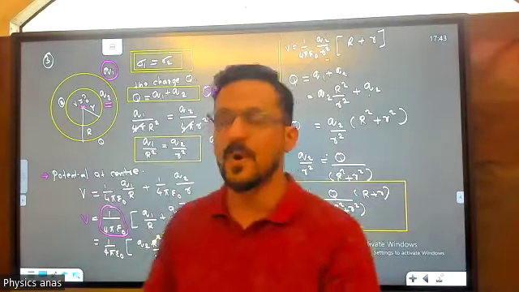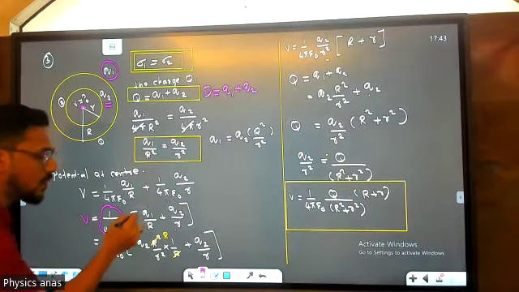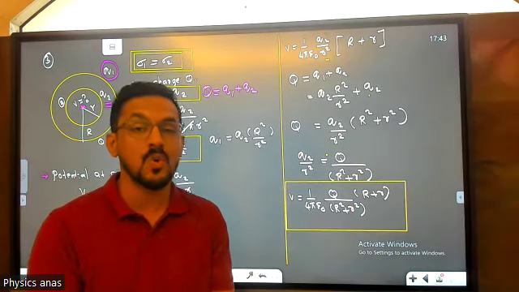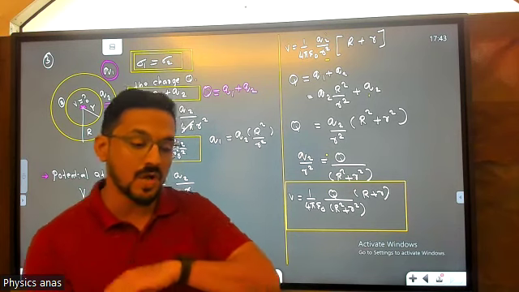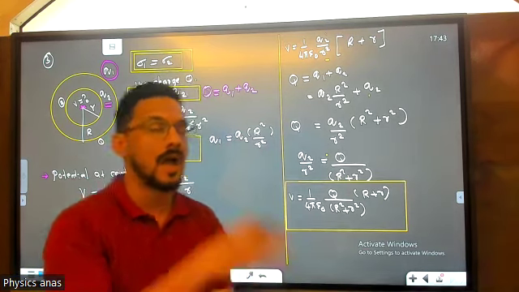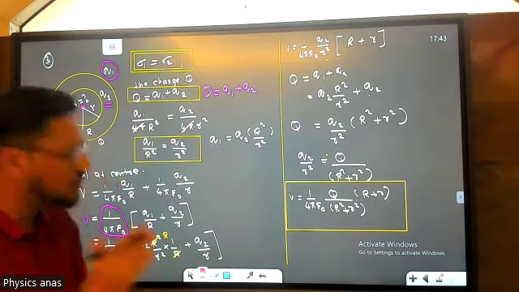But there is a slight problem in that answer. There is Q1 and Q2 in the equation, but Q1 and Q2 are not given in the question. You have to convert that into capital Q, which they have given you. How can you do that?